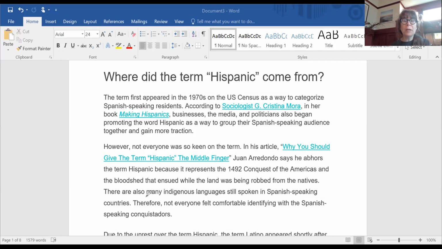There are also many indigenous languages, that means native languages, spoken by the people who lived there before the Spaniards came, still spoken in Spanish-speaking countries. Therefore, not everyone felt comfortable identifying with the Spanish-speaking conquistadors, conquerors. So to some people, the term Hispanic, I'm going to put this text right here.